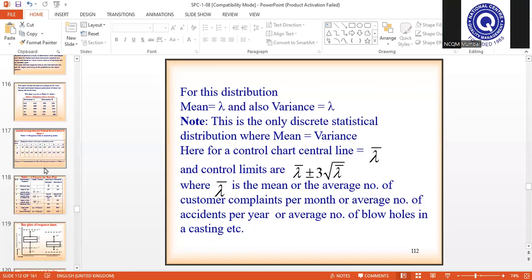So both sides, how much will it be now? 0.1587 plus 0.1587, that is 0.1587 into 2.